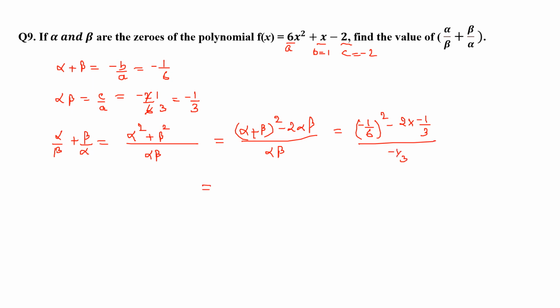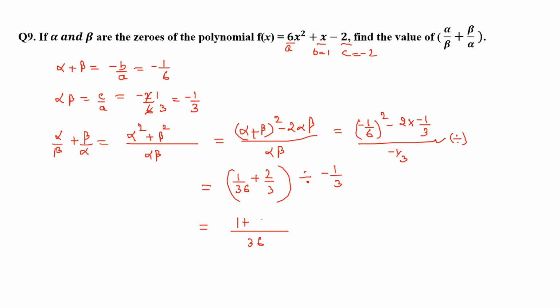Next, minus 1 by 6 whole square is going to give you 1 by 36. Then minus and minus plus 2 by 3. And as it is in the form of fraction, I am going to write it in this form, isn't it? This division is same as this division. So I'm replacing it because it is easy to do. I'm taking 36 as the LCM over here.